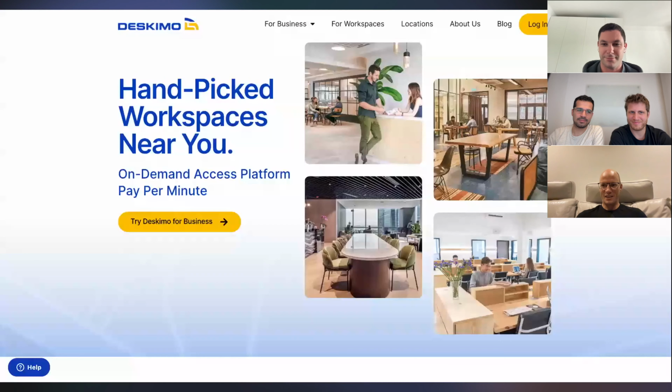Can you tell us what Deskimo is? Deskimo is an application that gives you on-demand access to professionally managed workspaces across Singapore, Hong Kong, Malaysia, Indonesia, and the UAE. We work with companies that have moved hybrid during or following the pandemic, and now want to give their employees a way to work from outside the corporate office and outside of home.